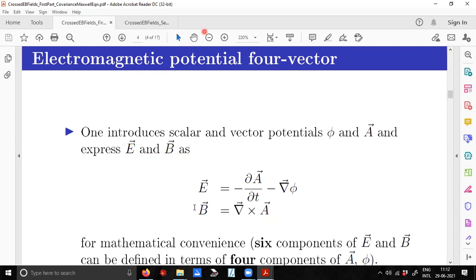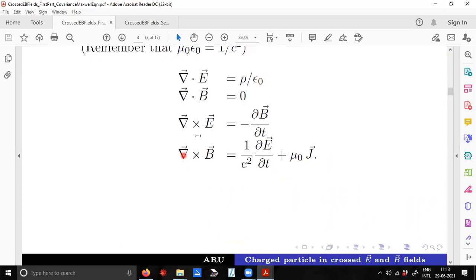But what I will do now is write these E and B in terms of the vector potential A and the scalar potential φ in this particular way. This is in what is called SI units; otherwise, I would write a 1/c here and so on. The electric field is minus ∂A/∂t minus the gradient of φ. The magnetic field is the curl of A. In other words, instead of 6 components, the electric field has 3 components and the magnetic field has 3 components. Maxwell's equations written here are to be solved to find the 6 components of the electric and magnetic fields.